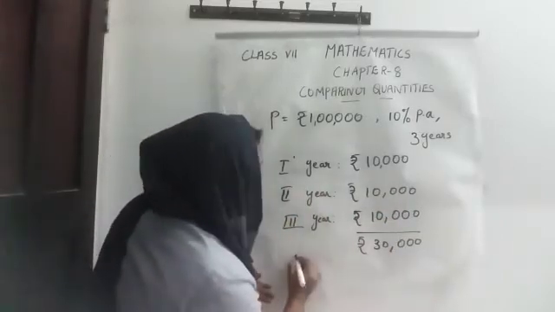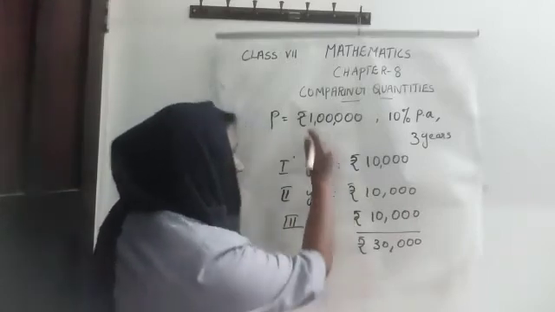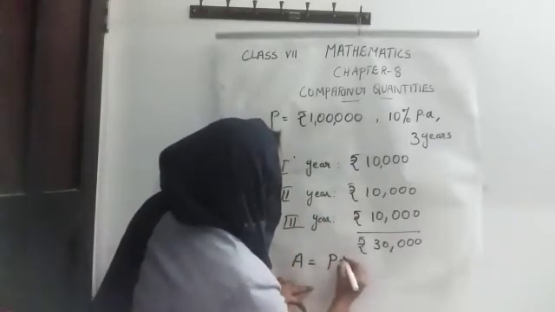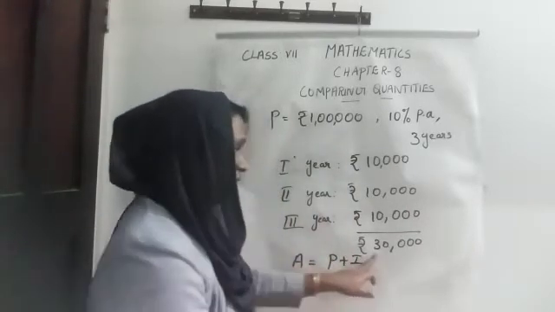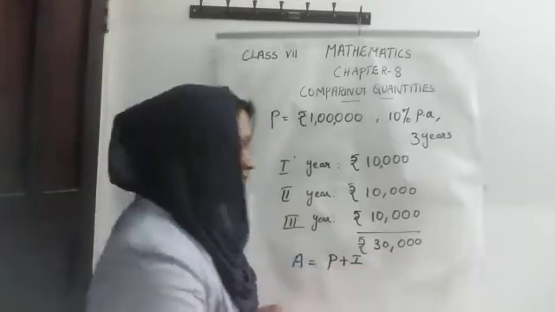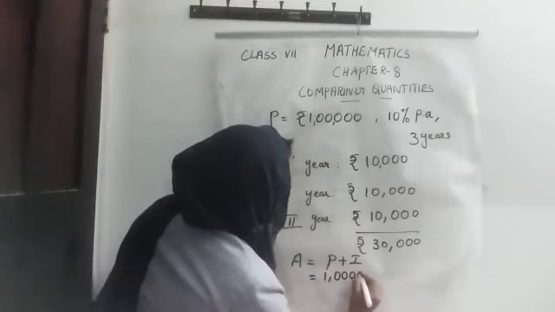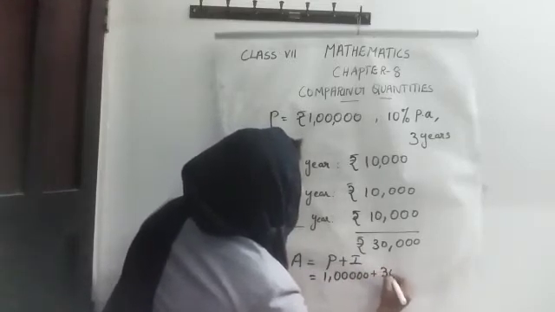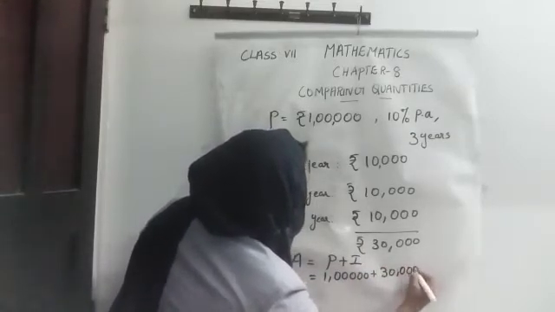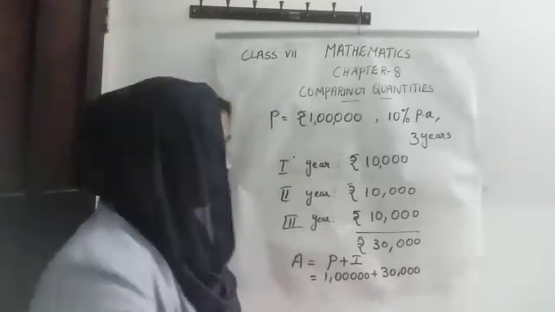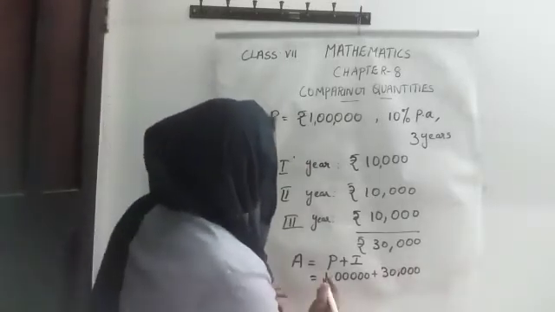It is P plus the interest. That means 1 lakh plus 30,000, and our answer is 1,30,000.